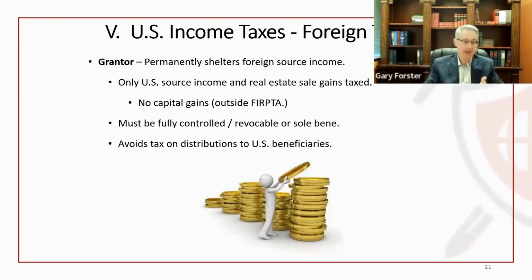We can still buy and sell stock tax free. And because it's the foreign individual and not the trust, no tax on distributions. It's totally sheltered out. So the idea is if you're foreign, you go with this foreign grantor trust and you shelter all of this stuff out for your US beneficiaries.